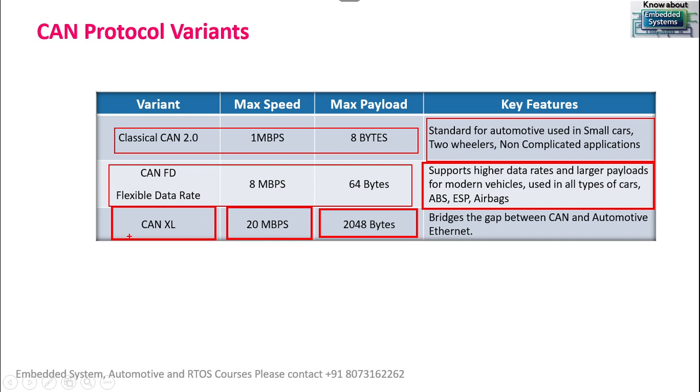So this is a very big advantage of CAN XL, where we are able to achieve a speed of 20 Mbps and up to 2 kilobytes of data, 2048 bytes, and it is used to make a bridge between Ethernet and CAN. This CAN XL protocol is used to connect CAN and your Ethernet. So these three are the major variants of your CAN protocol.